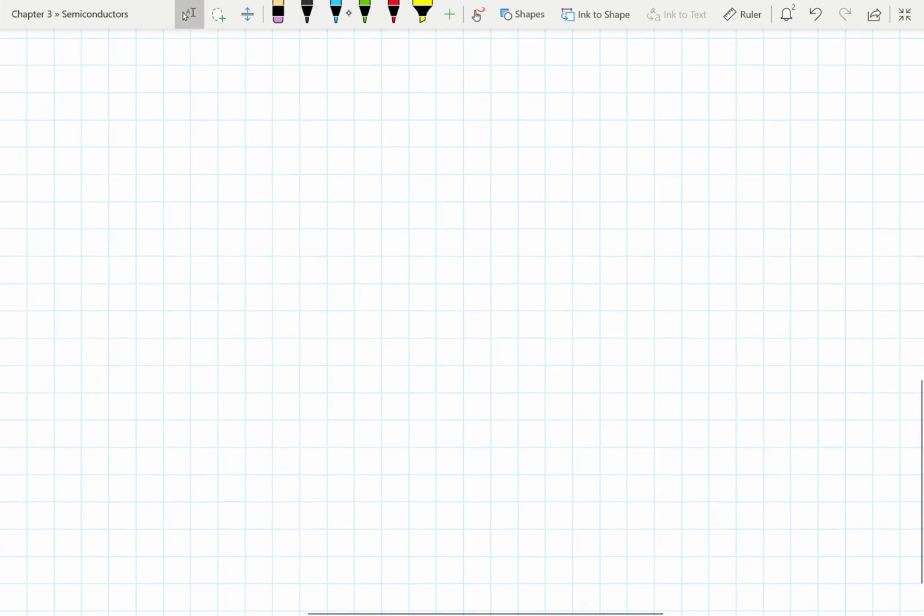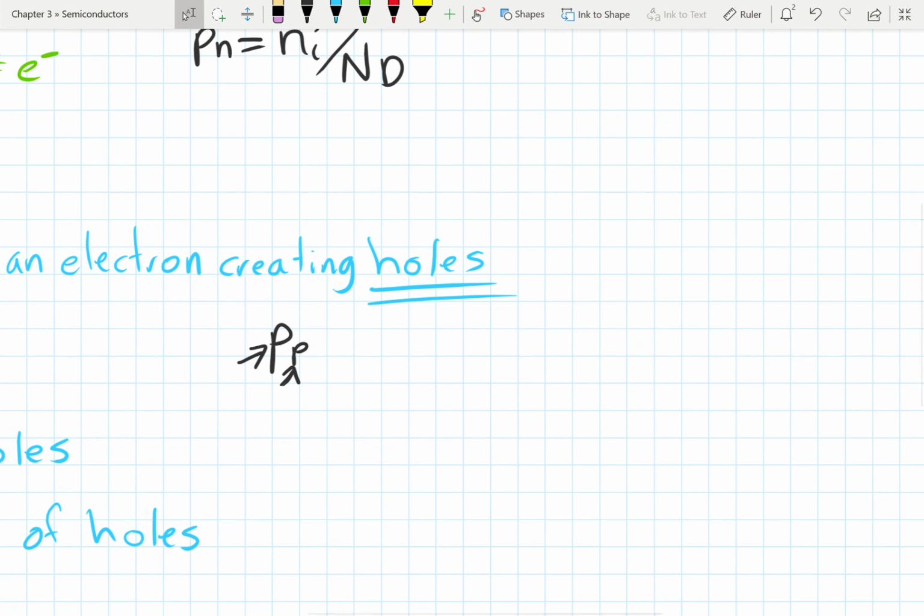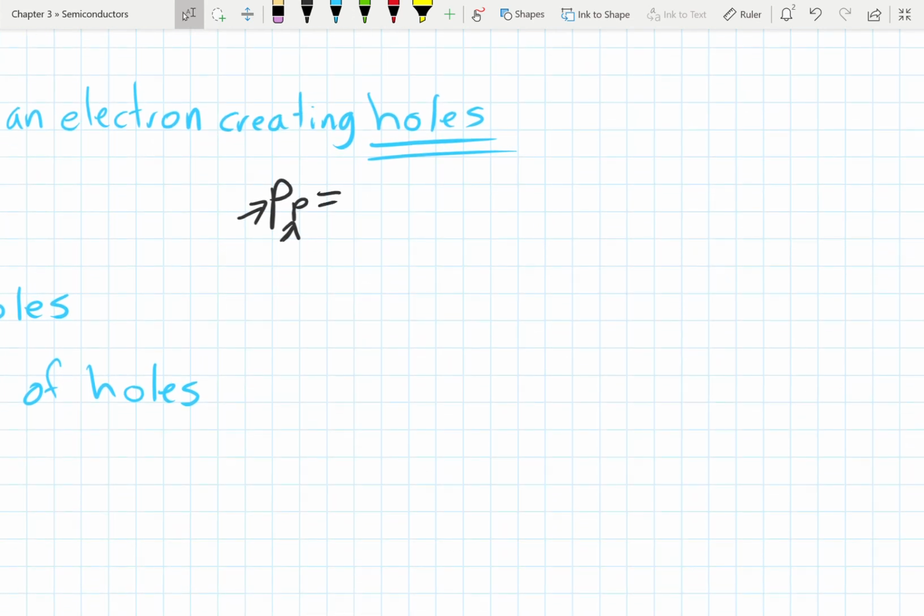So the number of holes is going to be equal to the number of acceptor atoms that we add. So this right here is the acceptor concentration, N_A.